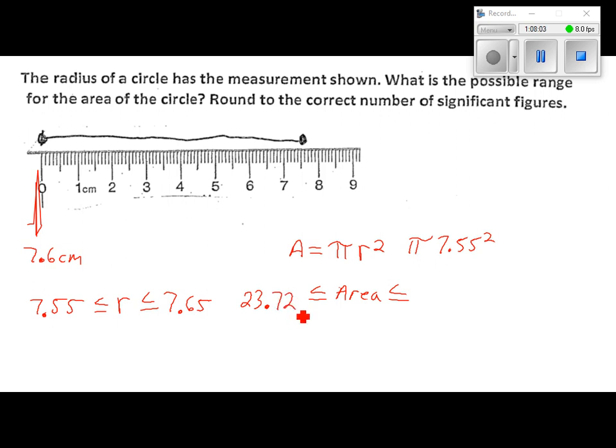The highest is going to be pi times 7.65 squared. Somebody help me out. What's it give us?